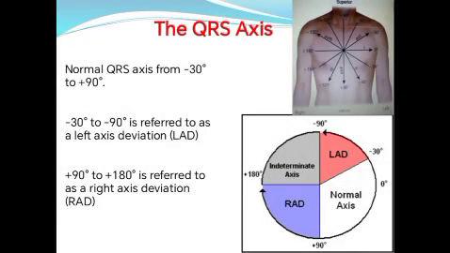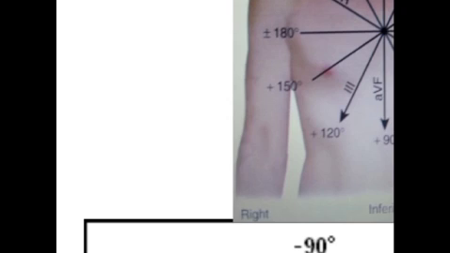We will see this here. The normal QRS axis lies between the angle minus 30 and 90 degrees. You see where this comes from, this minus 30 and plus 90. These are the angles we already saw before.